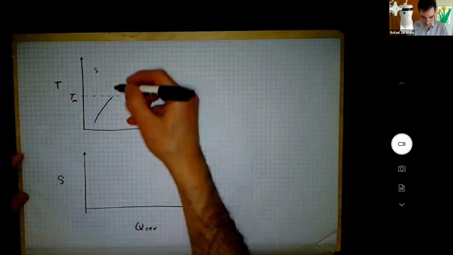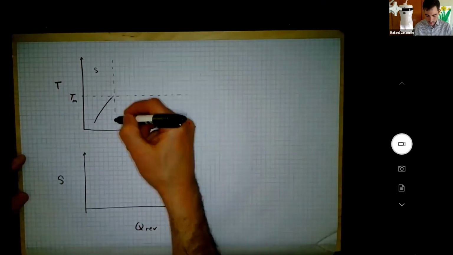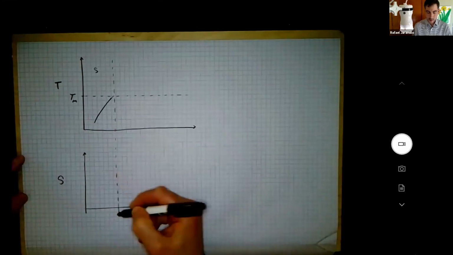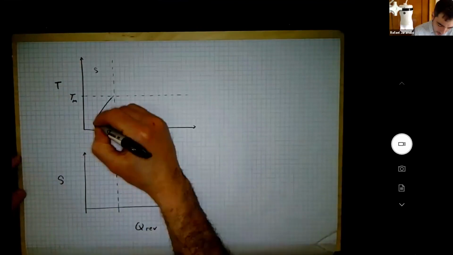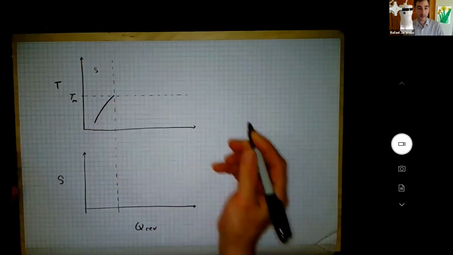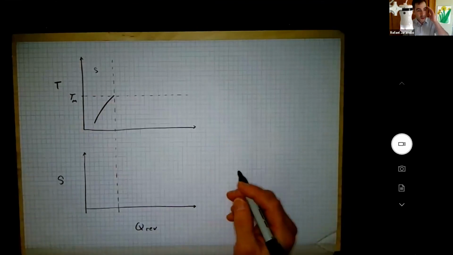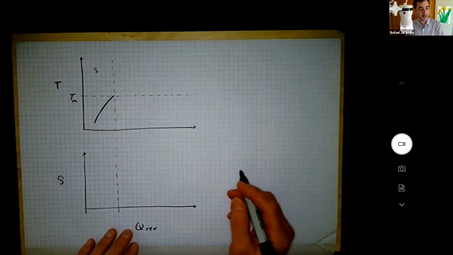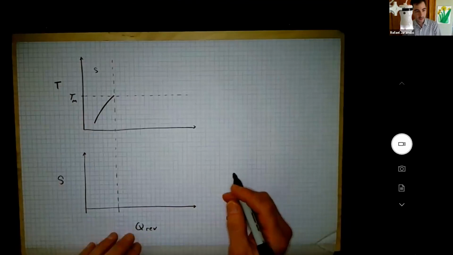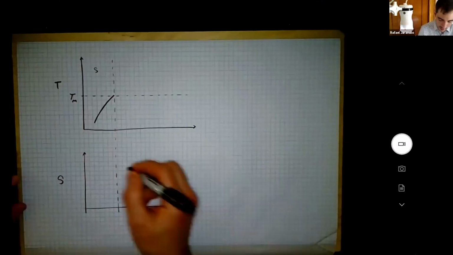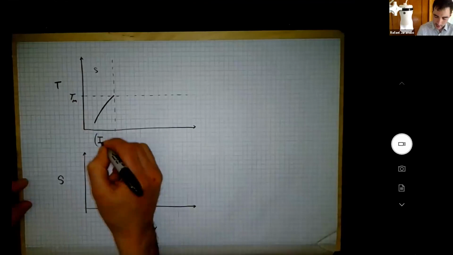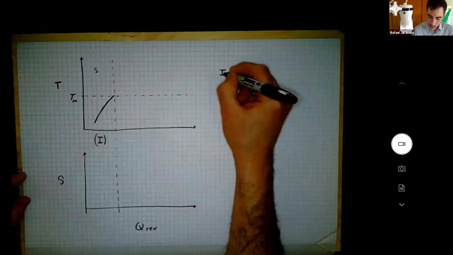So let me draw some lines here. Okay, so this is like we're adding heat, we're heating the solid, and at some point we reach the melting point. Okay. What does entropy versus heat look like in this region? All right, let's see, this is region 1. I'll give you a moment to think about it. Region 1, heating the solid.